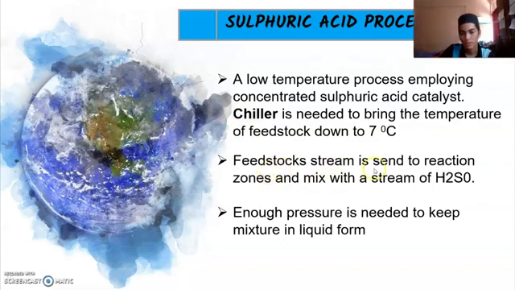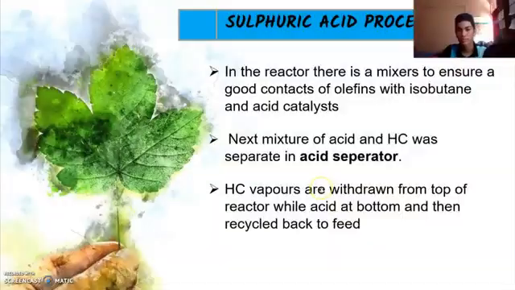The feedstock stream is sent to the reaction zone, which we also call the reactor, and mixed with a stream of H2SO4. The reaction requires enough pressure to keep the mixture in liquid form. The reactor also has a mixer to ensure good contact of the olefin, isobutane, and the catalyst.